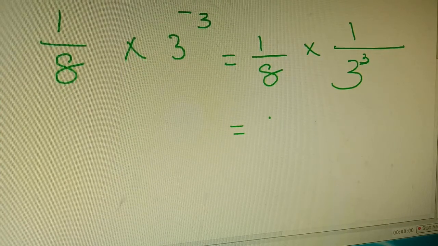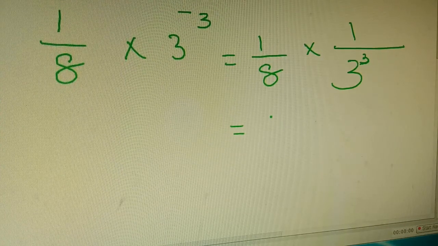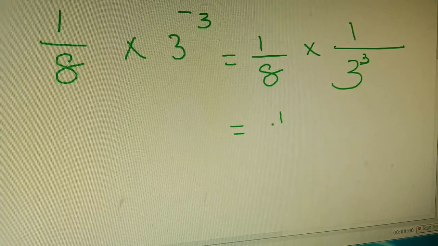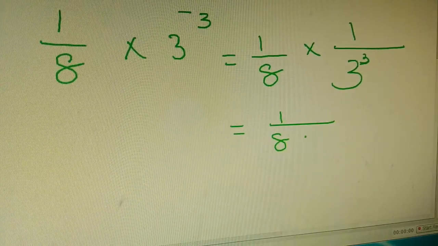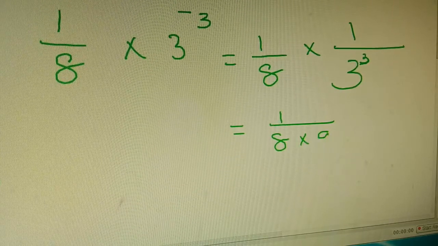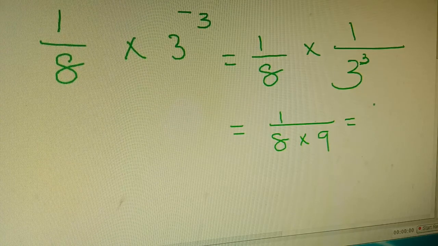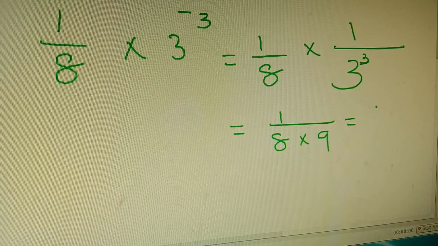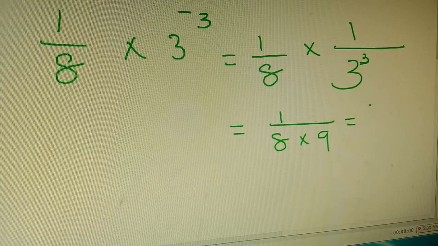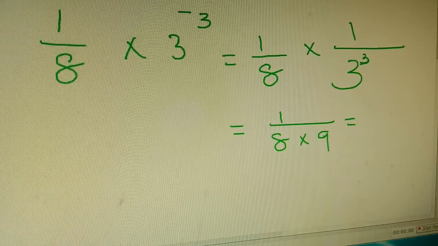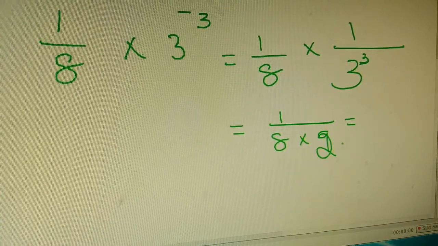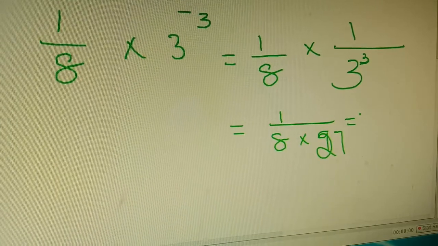So 1 by 8 times, 3 to the power of 3 means that is not 9, it is 27. 3 times 3, 9 times 3, 27.